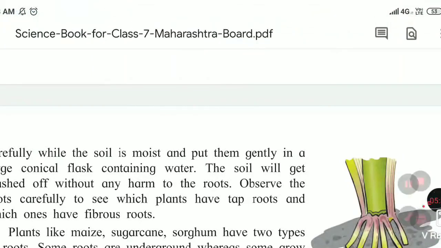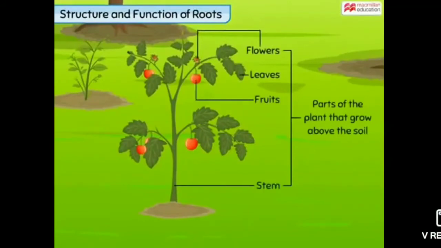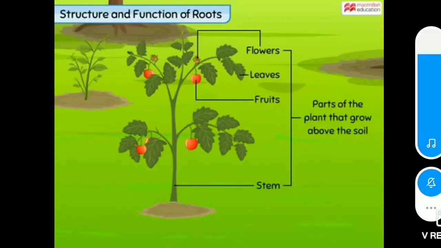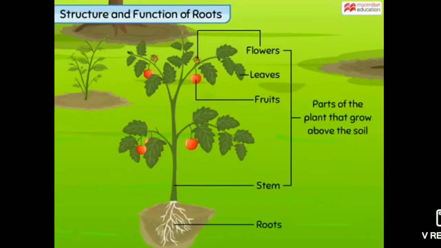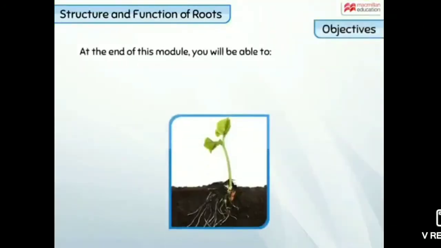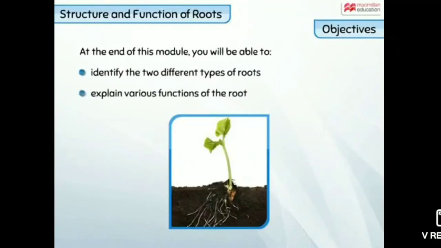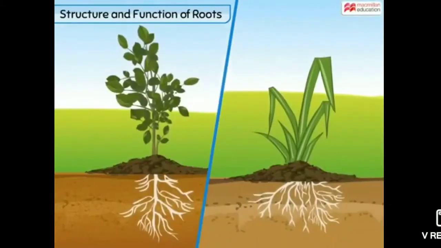When we look at most plants around us, we see the parts of the plants that grow above the soil. Do plants have other parts as well? Plants are able to stand tall and firm because of this part called the roots, which mostly remain under the ground. There are two main types of roots seen in plants.